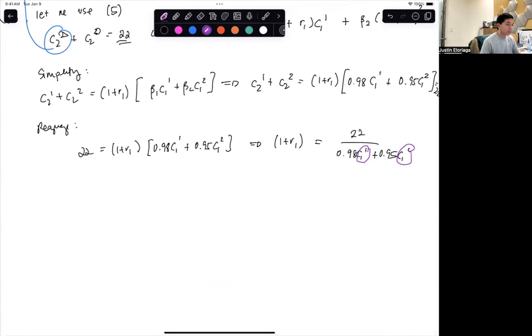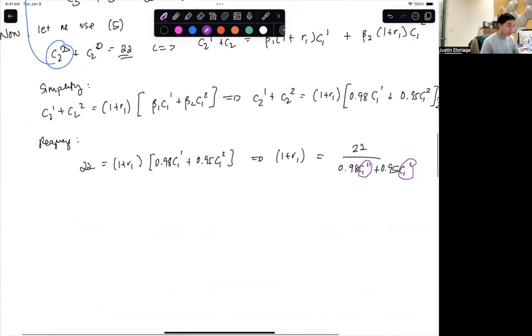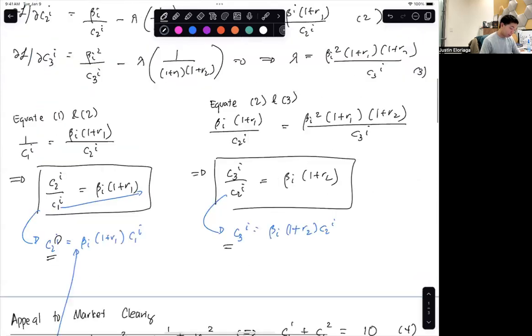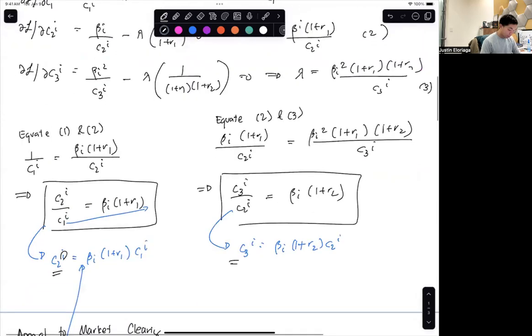Why are we solving for C1i? Because we have C2i and C3i, therefore we can get out C1i.